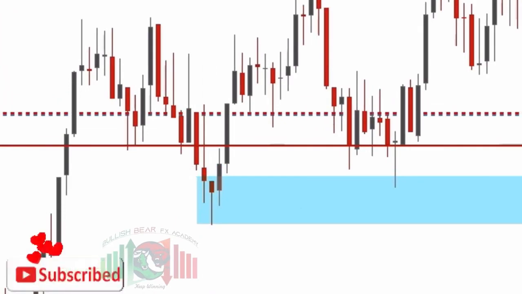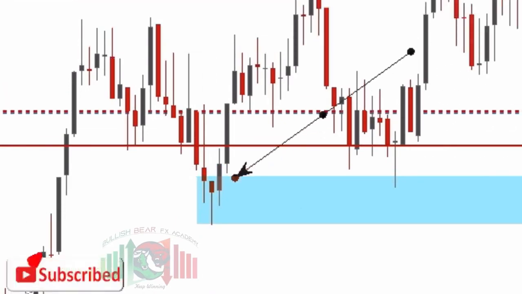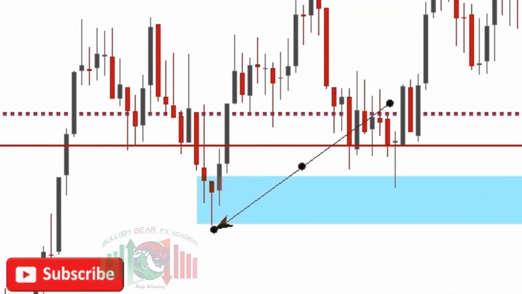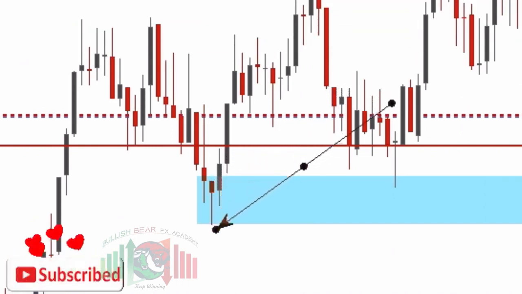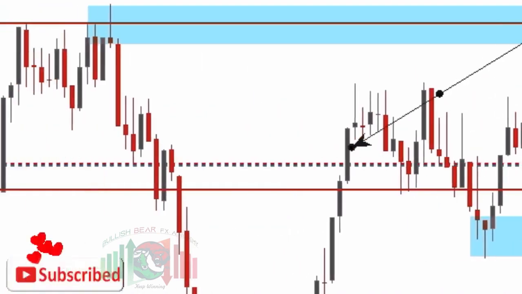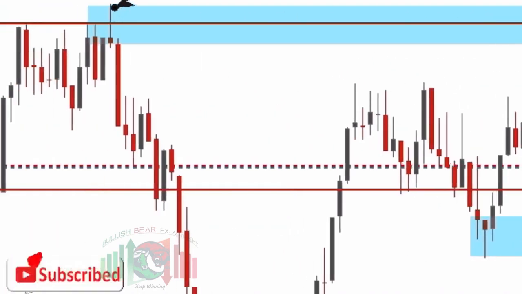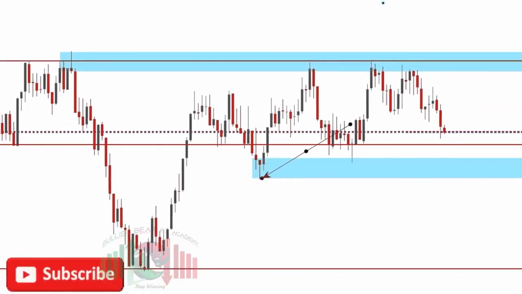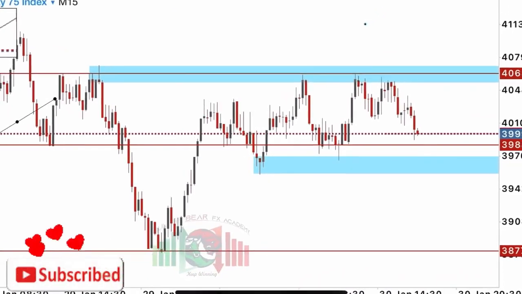All right, take note of what I'm using to draw out my zone. The last candlestick before the real move. That was exactly what I mapped out here. The last candlestick before the move. So this was the last candlestick here before the move, though this is a support area.